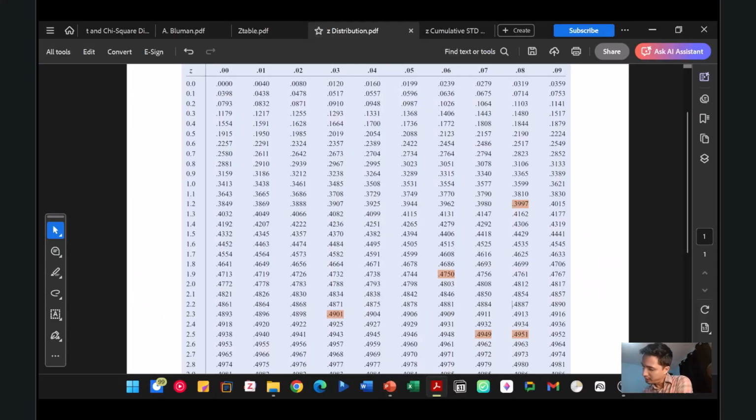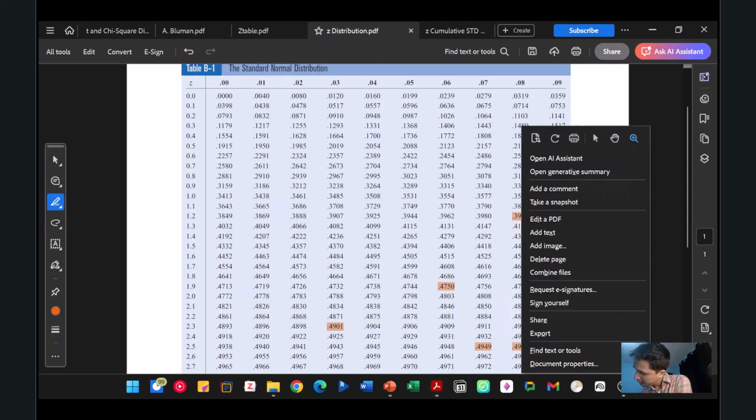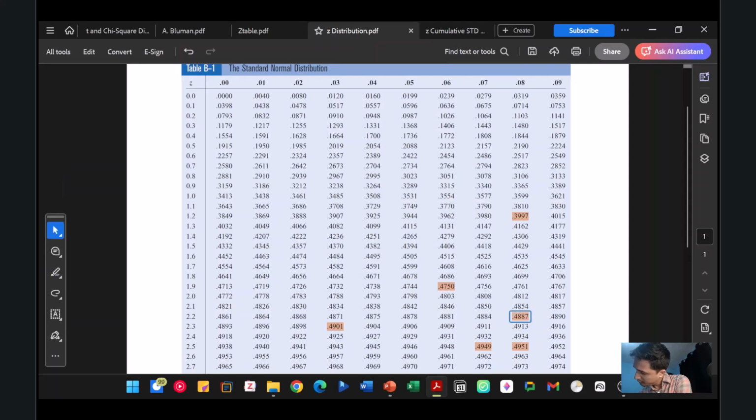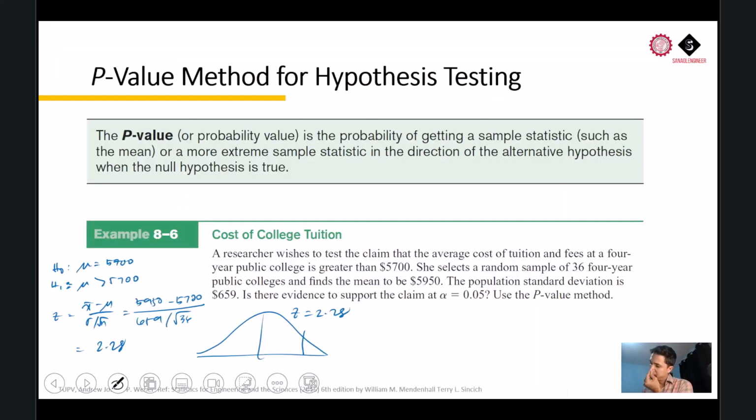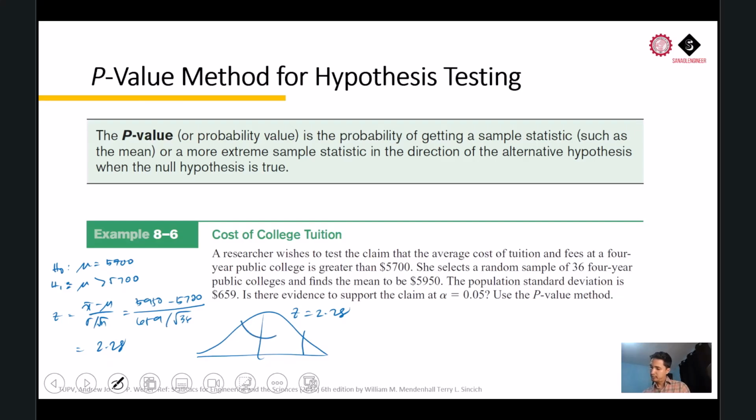So let's look at the table and find the value of 2.28. This is 2.2, and then the 8 is here. So for 2.28, the value is 0.4887.